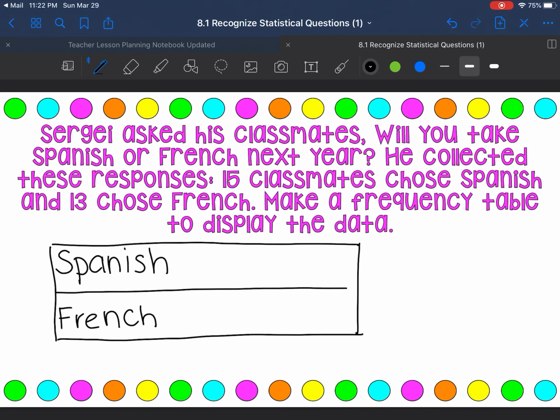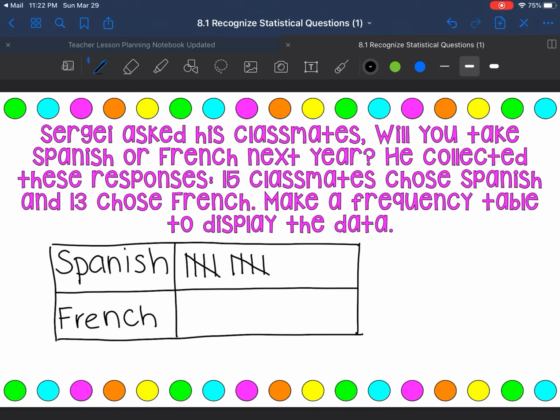So I'm going to make my table now. And now, for a frequency table, you are actually going to use your lines, okay? So 15. So I need to display 15. So I'm going to do 1, 2, 3, 4, 5, 6, 7, 8, 9, 10. Remember, each line and each dash represent 1.